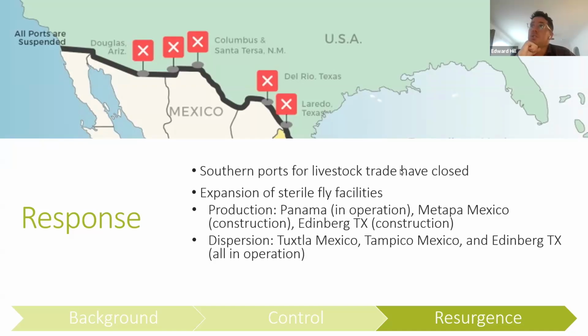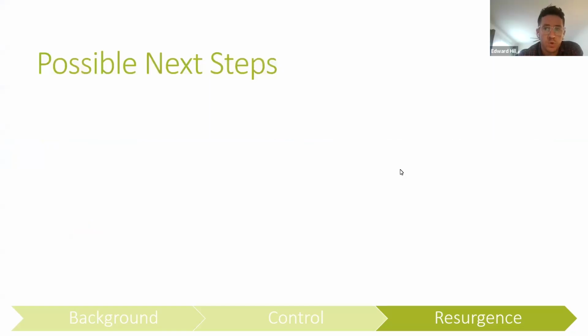I think I saw a news report that the Edinburg, Texas construction had a goal to open in November 2027, but given that we now have evidence of this issue in Texas, we'll see how quickly they can get that done. And then the USDA has committed so much money to research funding to help combat this issue. I think it's $100 million.